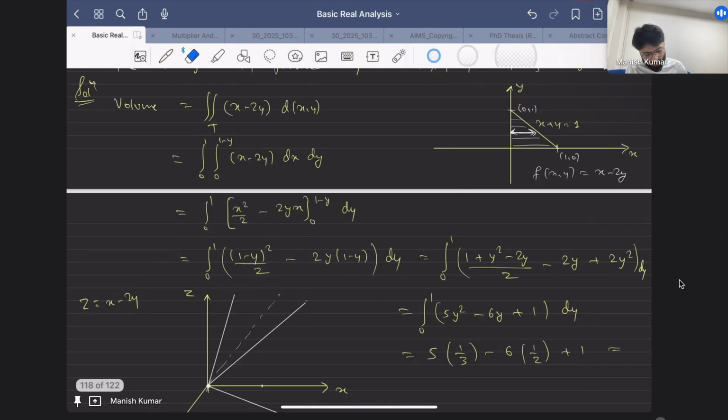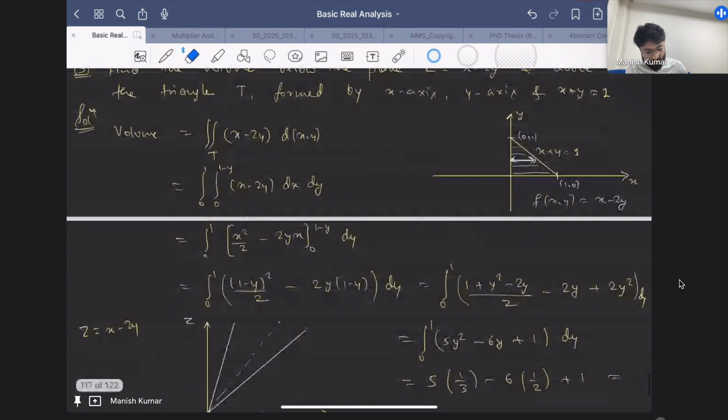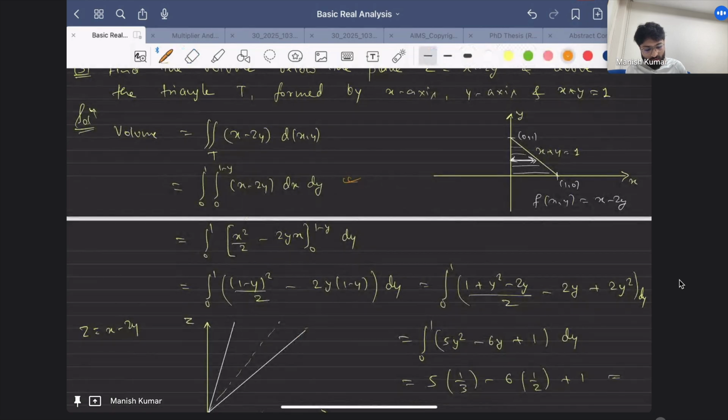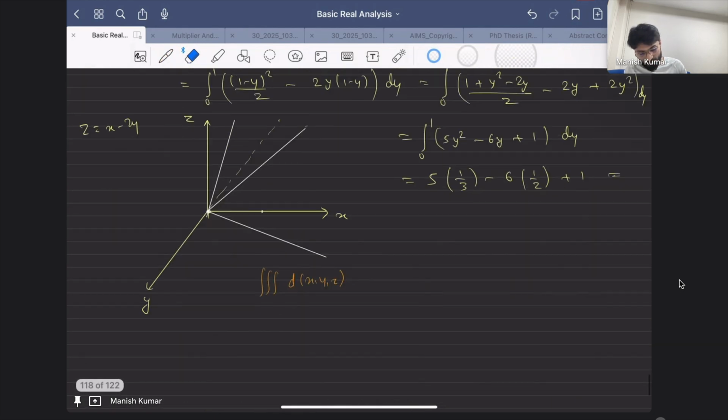When you integrate with respect to z first, you will get this same integral. That is one of the things.